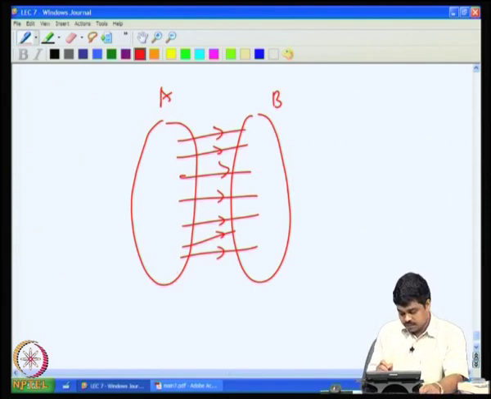Now, I ask what is the cardinality of the minimum path cover here. Of course, if you want to minimize the path cover, the best strategy would be to take the longest paths possible, but here any path can be of length 1 or 2. 1 means it is a single vertex path, 2 means it is an edge.